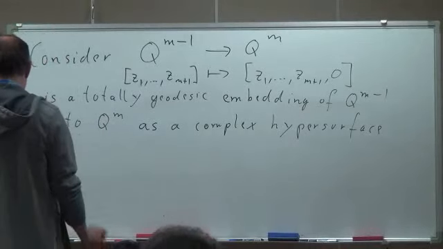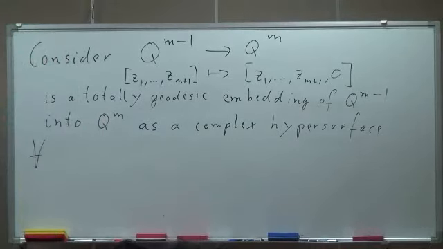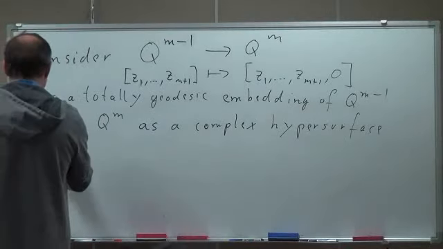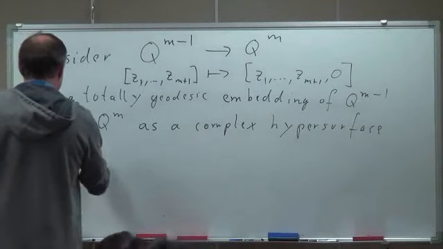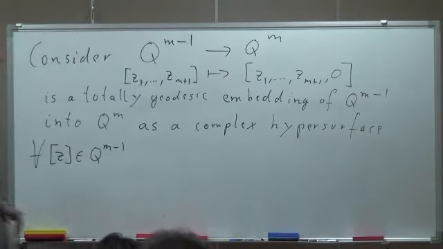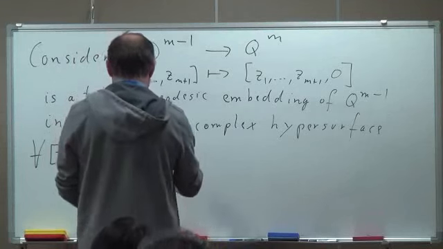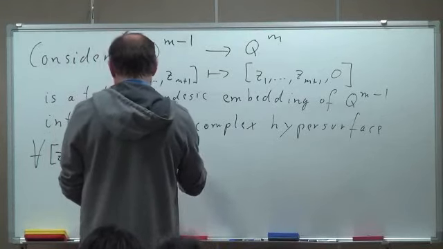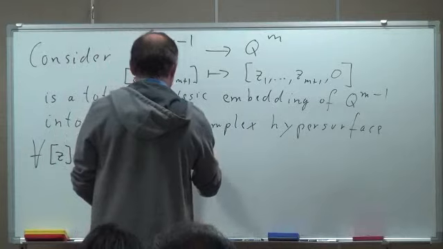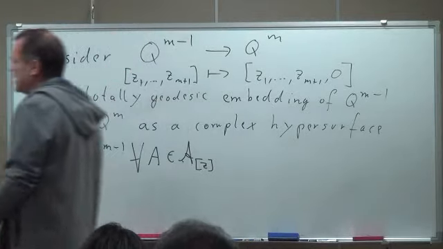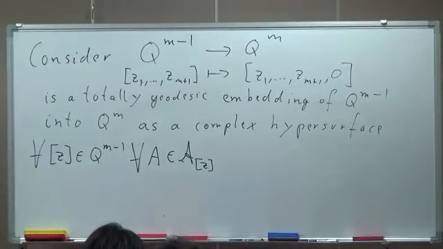So then what one can show is that for all points Z in the (m-1)-dimensional quadric, and for all conjugations A in A at the point Z, we have this circle of complex conjugations. So I pick an arbitrary one.